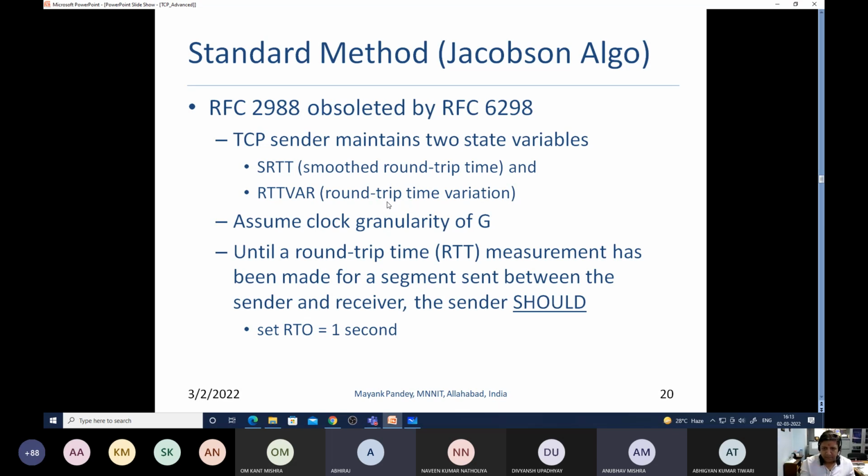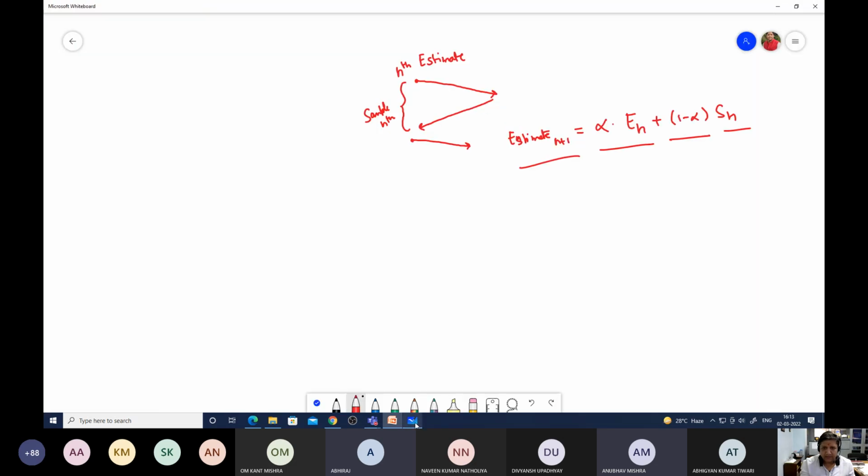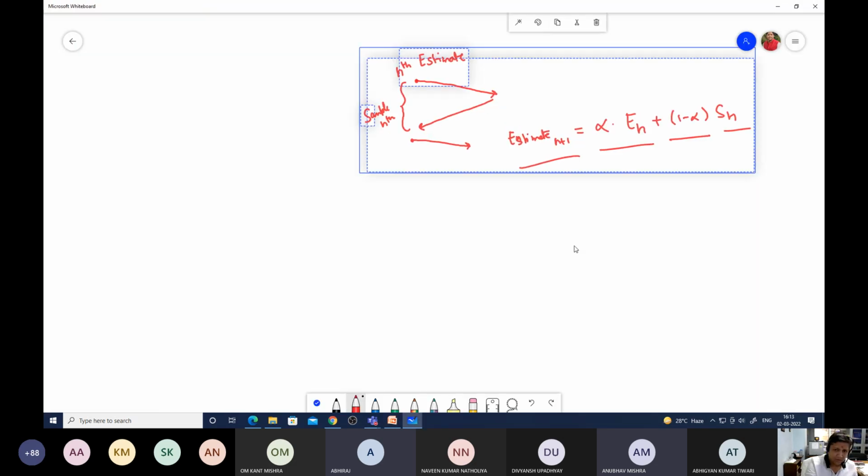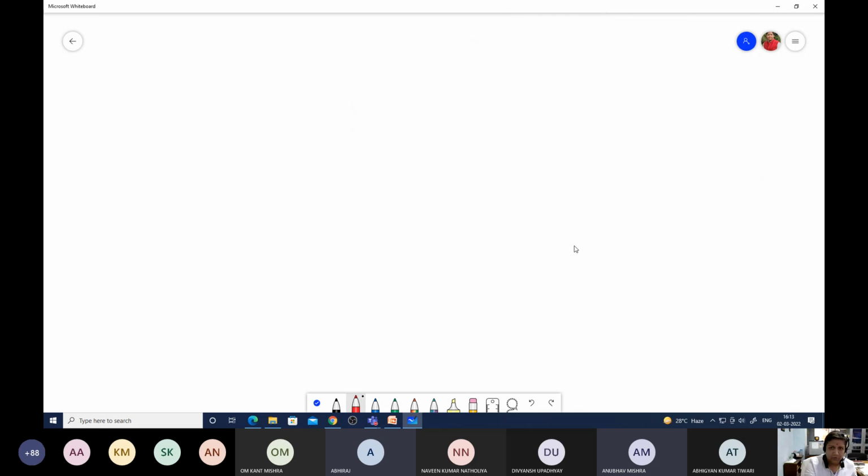Until a round trip time measurement has been made, let us describe this on the whiteboard. Suppose your data transfer is starting. You don't have any RTT.